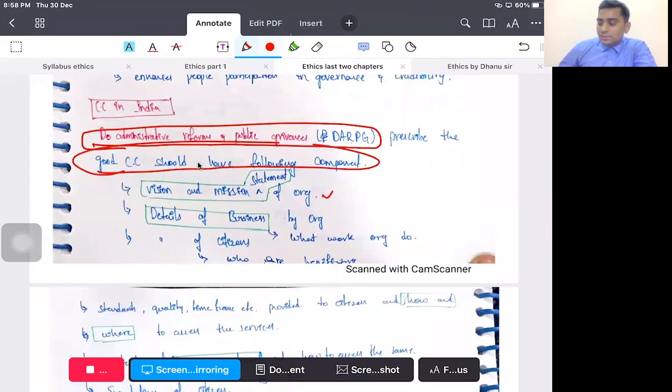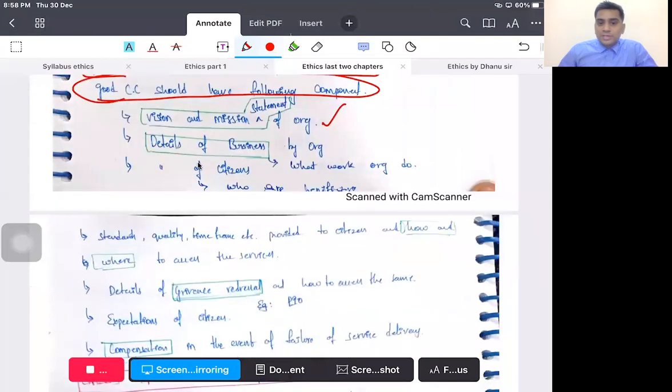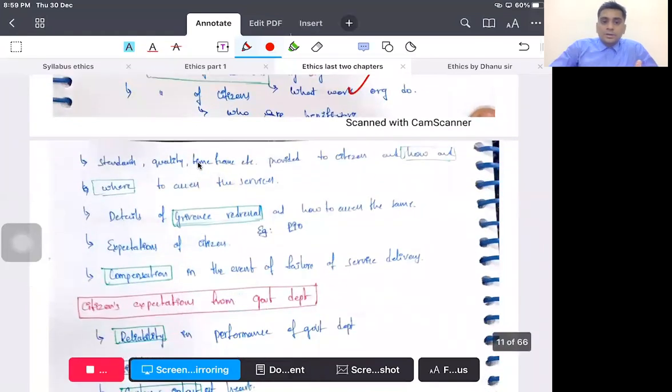It should give what is the vision and mission of this organization, right? What is the vision of this organization? What is the mission of this organization? It should give the details of the business. Again, the same thing, which functions are done. Next, standards and quality of time frame to be provided, how and where the services are provided. Just remember those 5 points that I said.